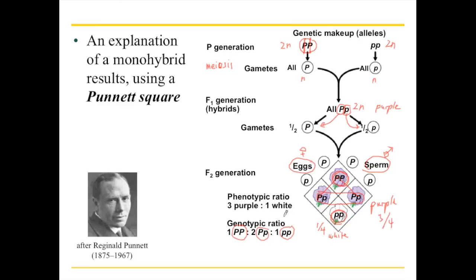So one box with capital letters, one box with little letters, and two boxes with mixed letters. And so the genotypic ratio is 1 to 2 to 1, whereas the phenotypic ratio is 3 to 1. And so this is how the various aspects of Mendelian genetics were put together.